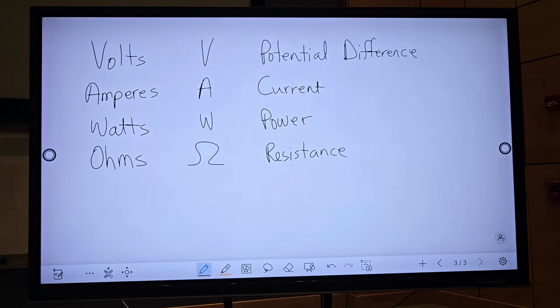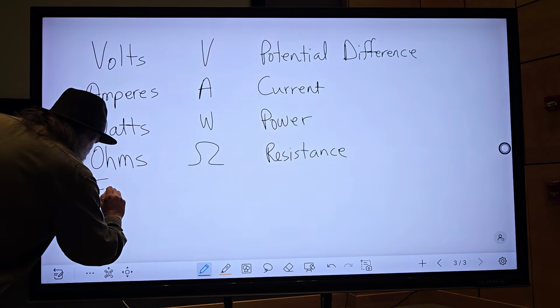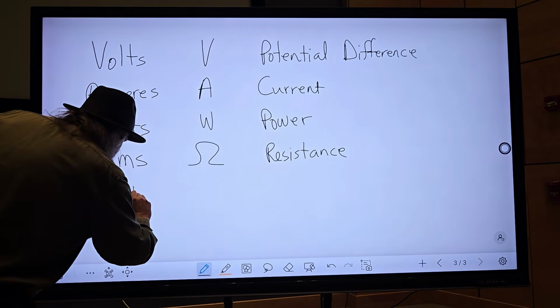I mentioned a little bit ago, farads is capacitance.